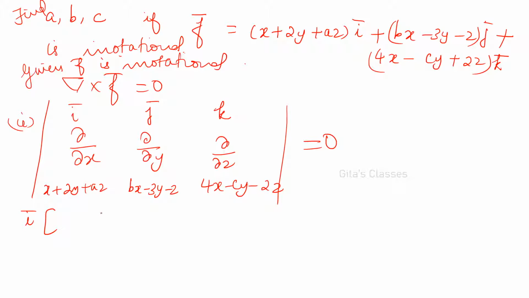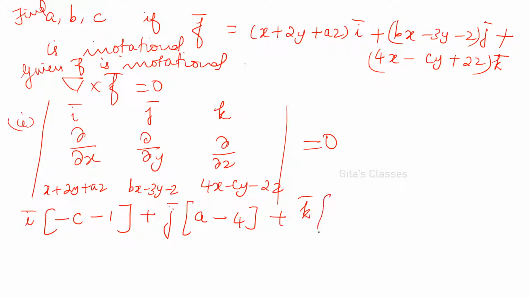Dou by dou y of this, so minus c, minus dou by dou z also, minus 1. Right? Plus j into, means j z, so a minus of x, so a minus 4. Right?